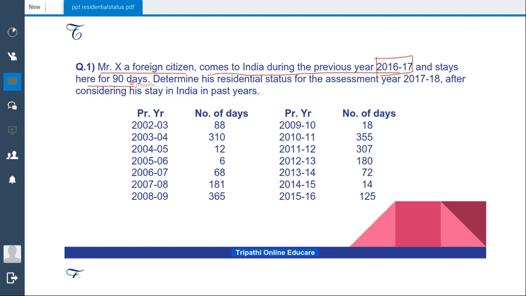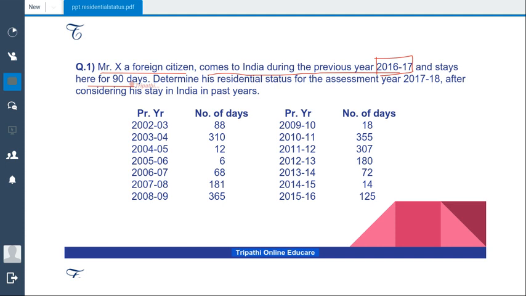Now this 90 days is less than 182 days, but more than 60 days. So here we can say that he is not satisfying the first basic condition, because the first basic condition says residing 182 days or more in India during previous year. But in this case, he is residing in India for only 90 days.